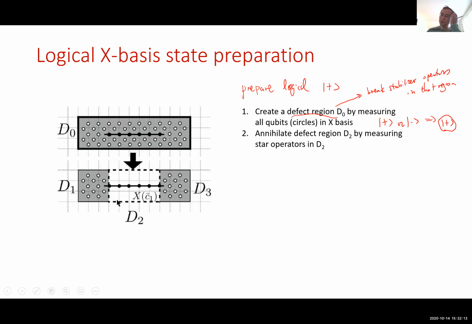I'm measuring in the X basis to restore the stabilizer condition, and then I'm left with two separate regions. Because I already have a plus state, this string of X acting on those plus states is naturally in the plus state. So it's in the eigenstate.